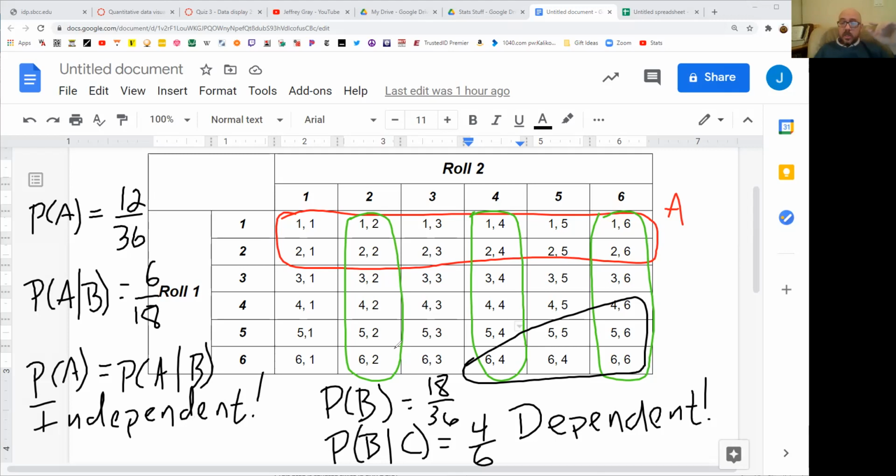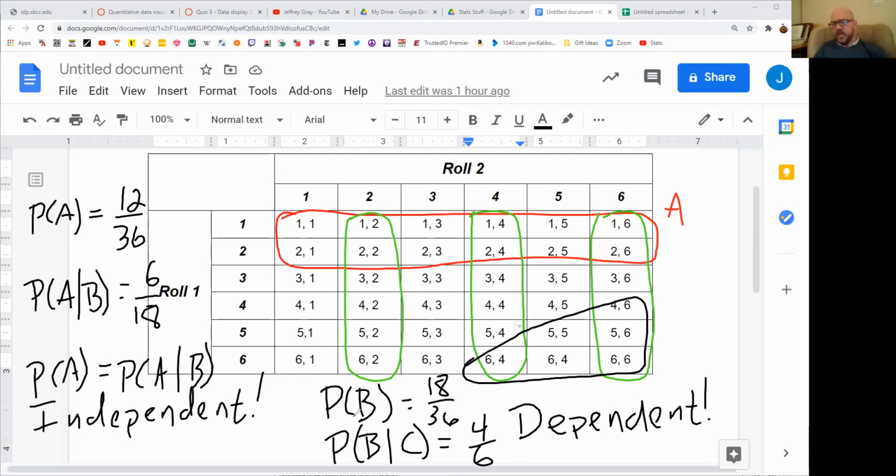On the other hand, event C talks about the total of both rolls, right? So one roll is going to affect the total. Whether you're in event C is going to depend on what each of the rolls were, and that's true here, right? If we know we are in event C, then it is more likely that we had an even second roll.